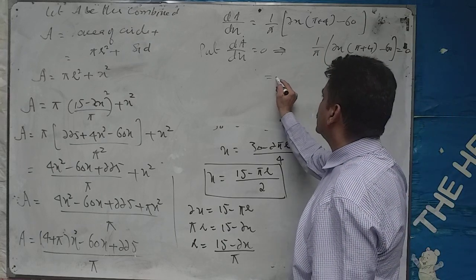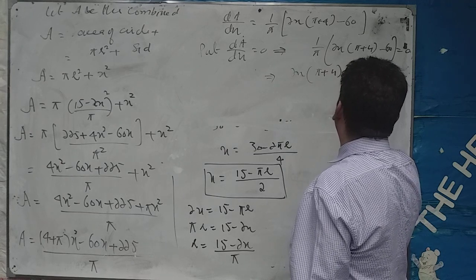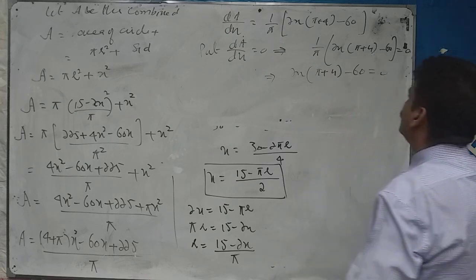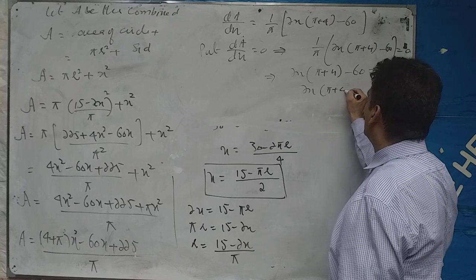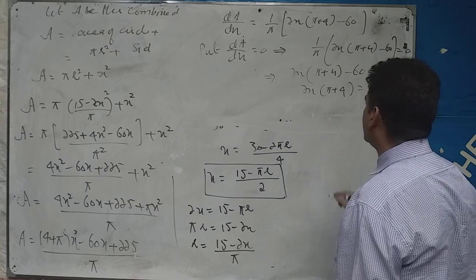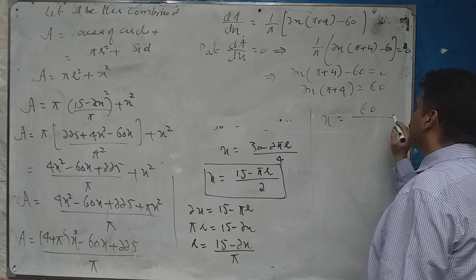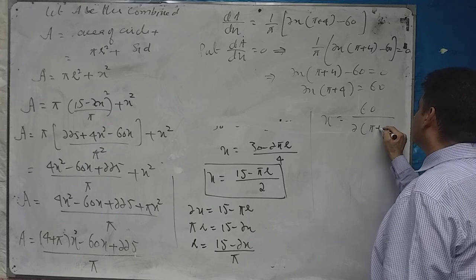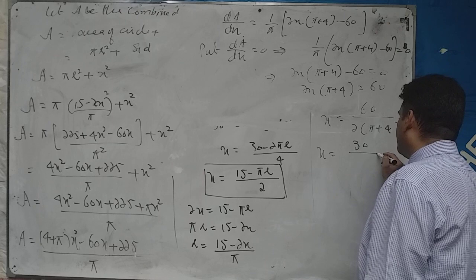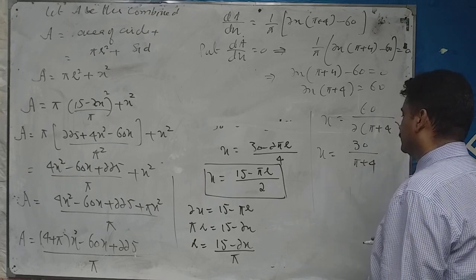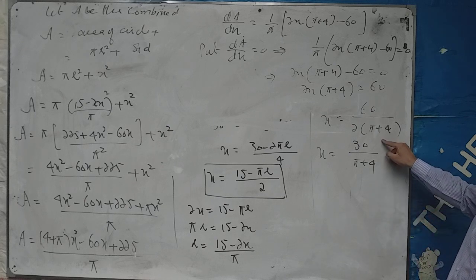This implies 2x multiply pi plus 4 is equal to 60, and we get x is equal to 60 by 2 into pi plus 4. We get x is equal to 30 by pi plus 4.